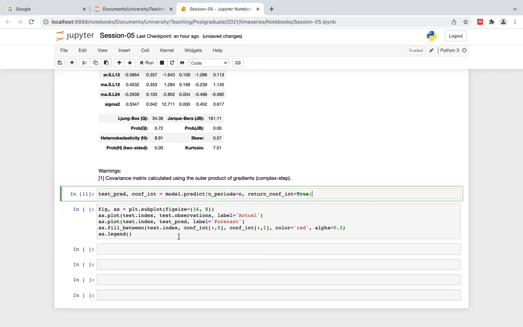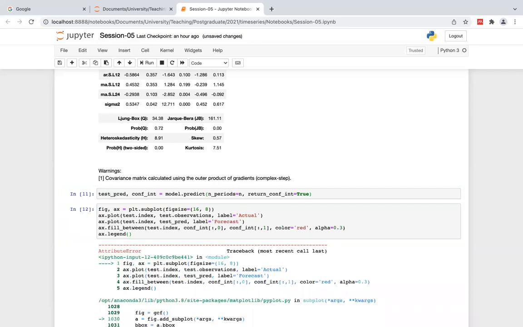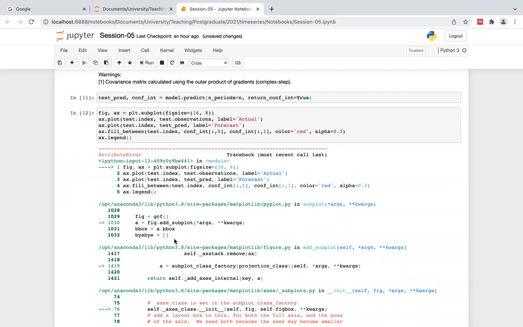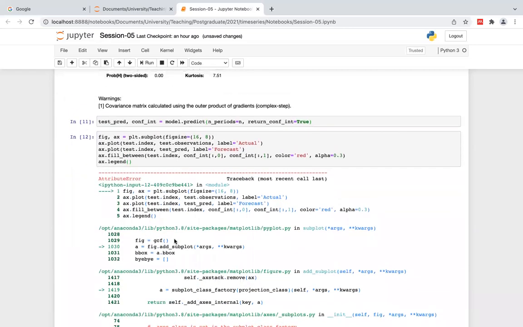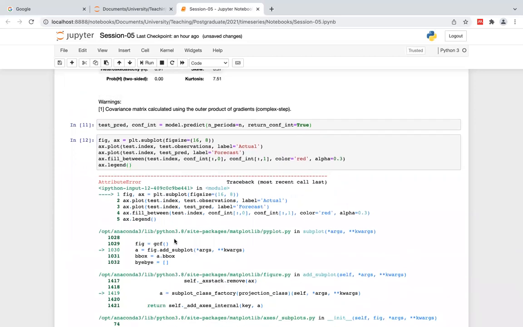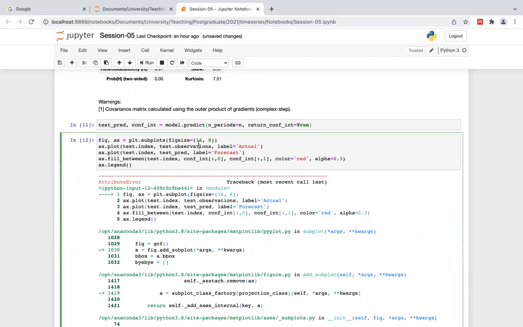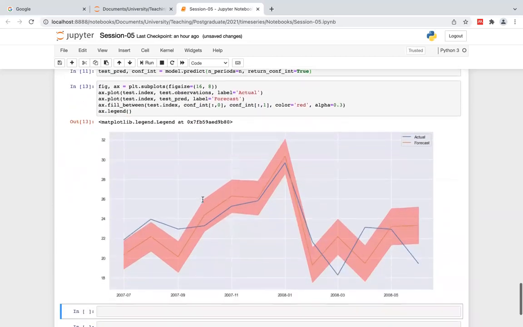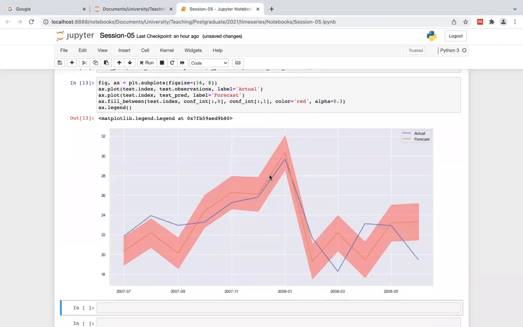Right. Let's run and check whether there is an issue. I see, it should be subplots. Right. This is the shaded area with the confidence interval. The blue one is the actual, and the orange one is the forecasted value.